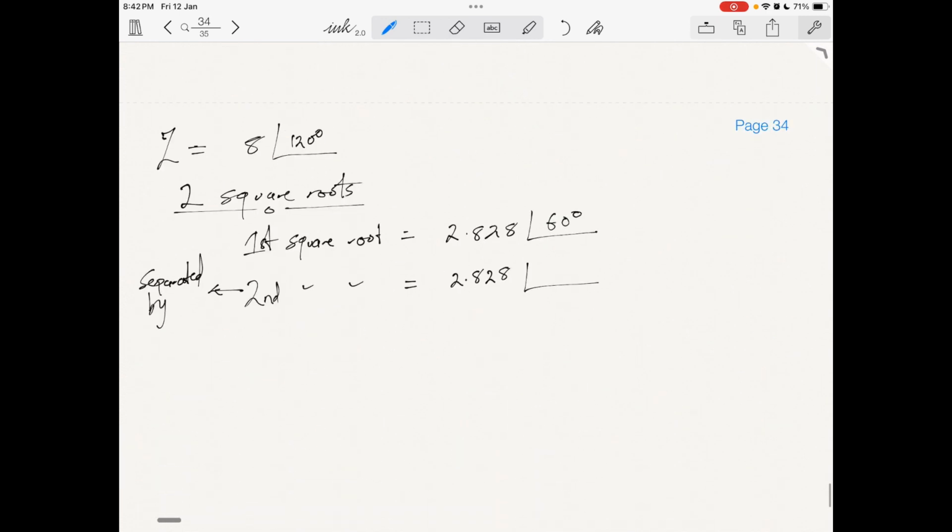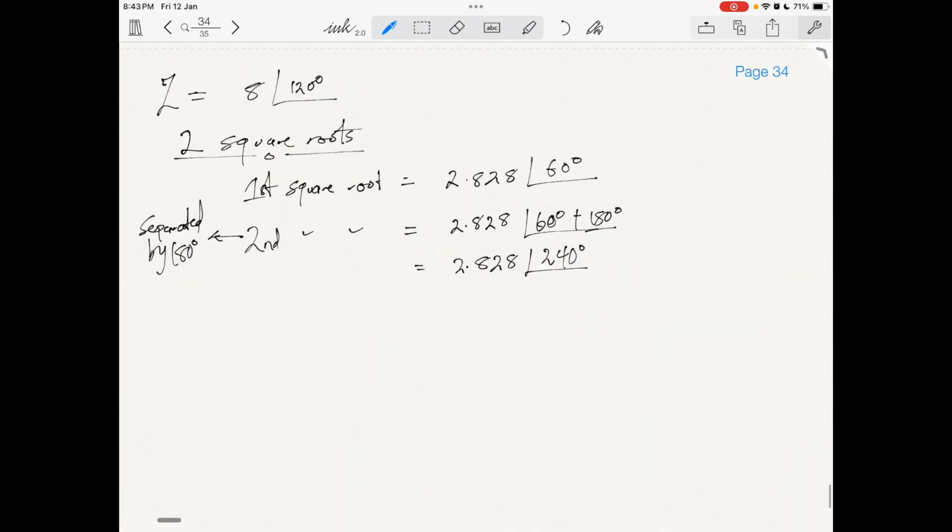So it's separated by 180 degrees, which will be 60 degrees plus 180 degrees. So this will give us 2.828 argument 240 degrees.